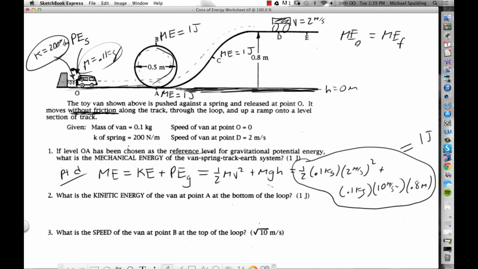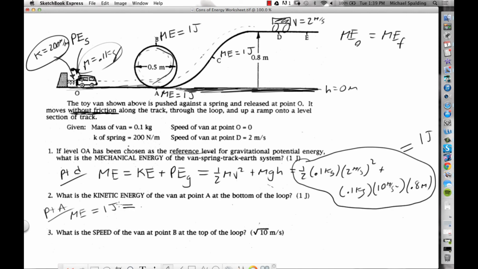Well, okay, number 2. Number 3 is top of the loop. Let's do number 2 first. What is the kinetic energy of the van at point A? Well, look, what do we already know about point A? We know that the mechanical energy at point A must be 1 joule, right? But what's it equal to?